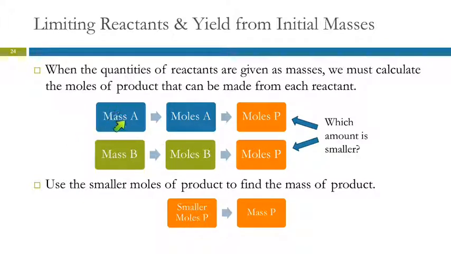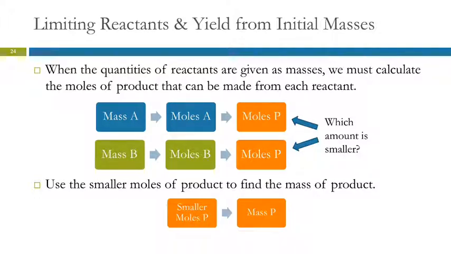So they say take the mass of the first ingredient, the first reactant, find out how many moles of product. Take the mass of the second, find out how many moles of product. Decide which of these is smaller, and then finish it with the smaller number of moles and continue on to the mass of product. That works, but I found that it requires a little more thinking than my method.